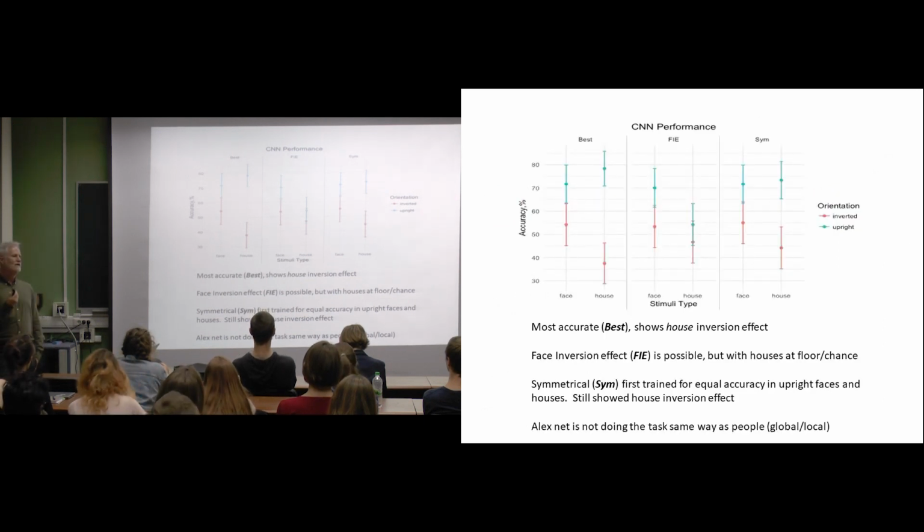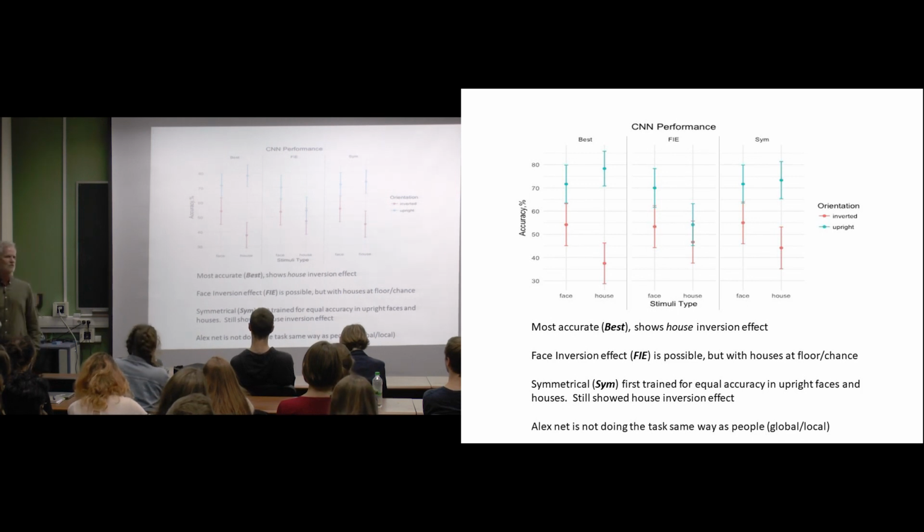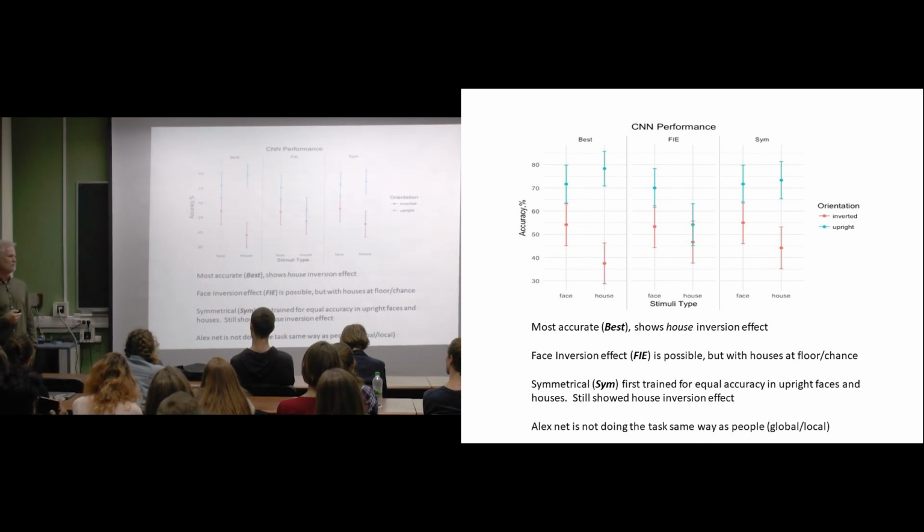So once again, it was able to do the task. It was able to recognize similar and dissimilar houses and faces, but the end result was that they do it a little bit differently. The processing that they do does not quite match the way that people do it.